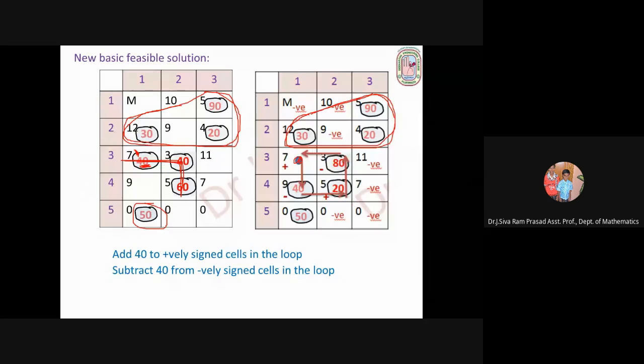Next, here the previous allocation was 20, and now the present allocation is 60. That means 40 units are increased. So 40 into 5, 200. So the total transportation cost change in these cells is 480.